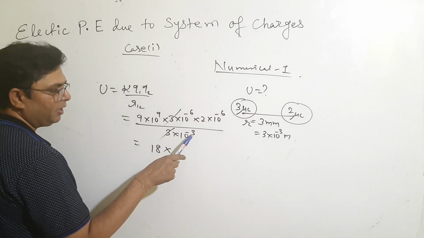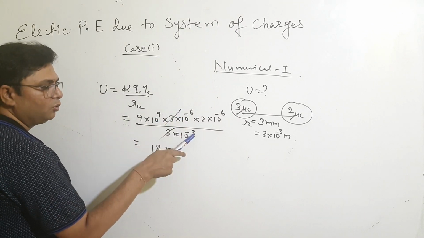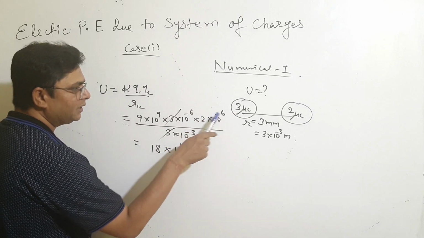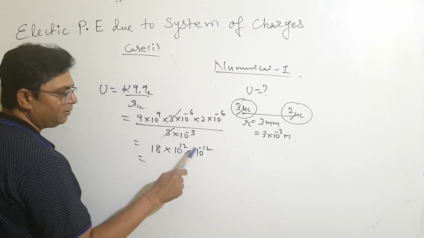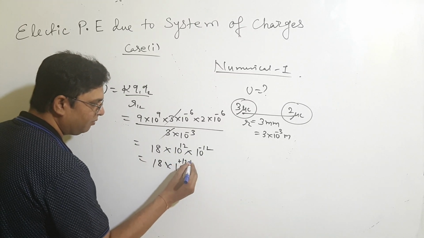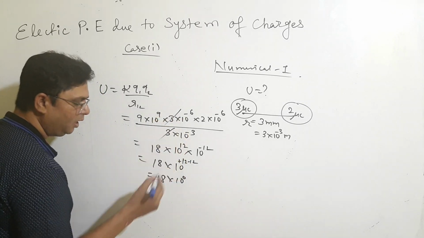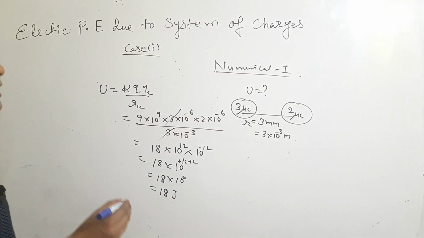When this minus 3 moves to the numerator side, it becomes plus 3. So 9 and 3 give 10 to the power 12, and minus 6 and minus 6 give 10 to the power minus 12. So this will be 18 into 10 to the power plus 12 minus 12, so 18 into 10 to the power 0, and 10 to the power 0 is 1. So you have 18 joule. So 18 joule is the energy required to bring these two charges.